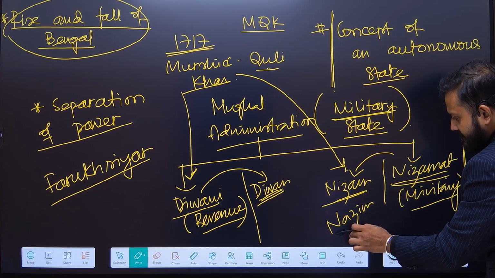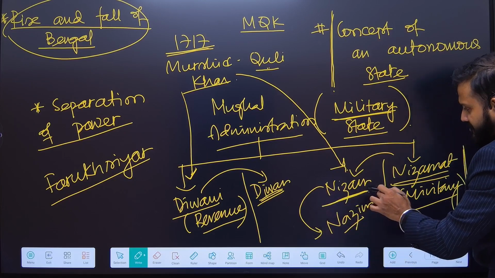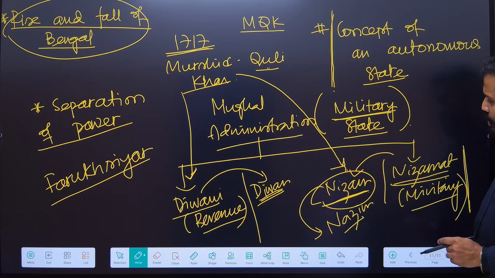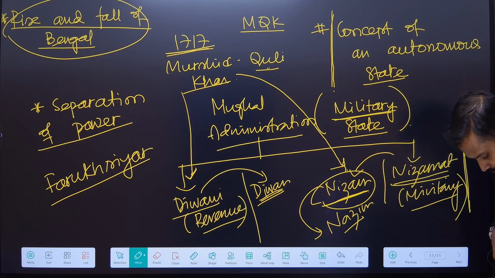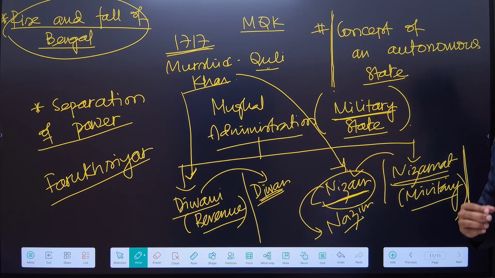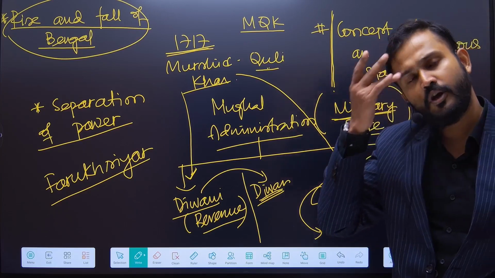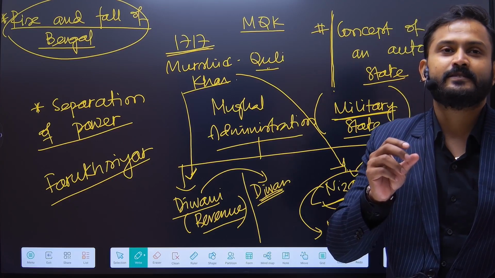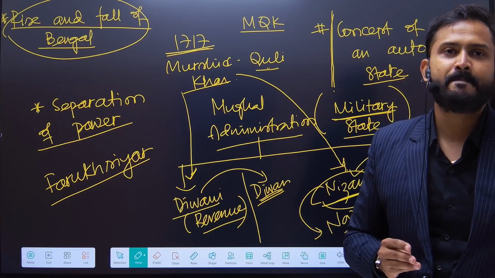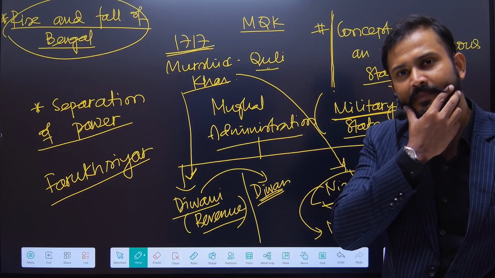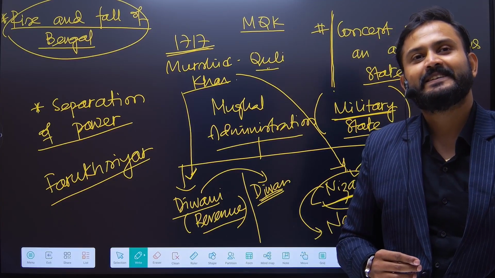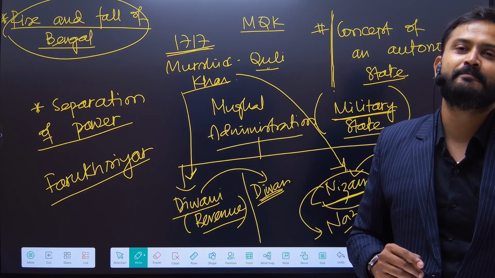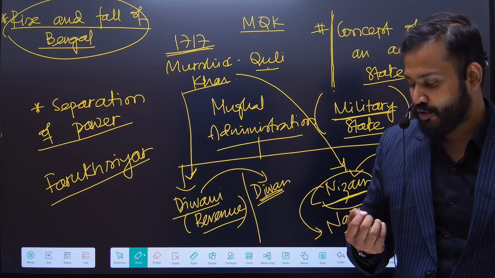Yesterday we discussed, this is the corruption of the word Nizam. If you face difficulty, you can also write Nizam, it will not be wrong. Full stop. Thus, Bengal became the first autonomous state.